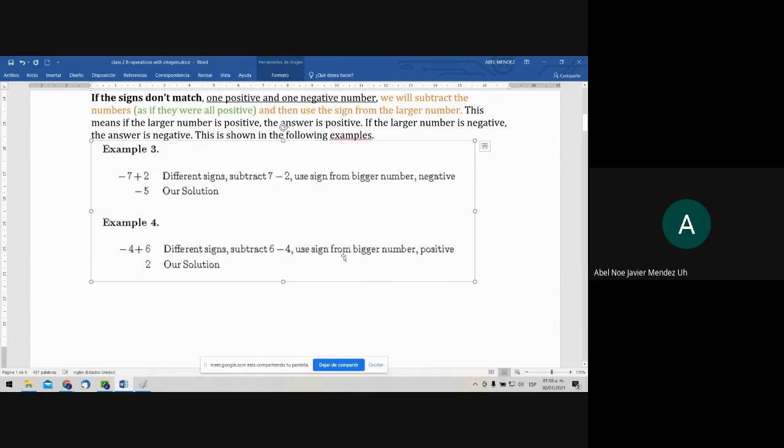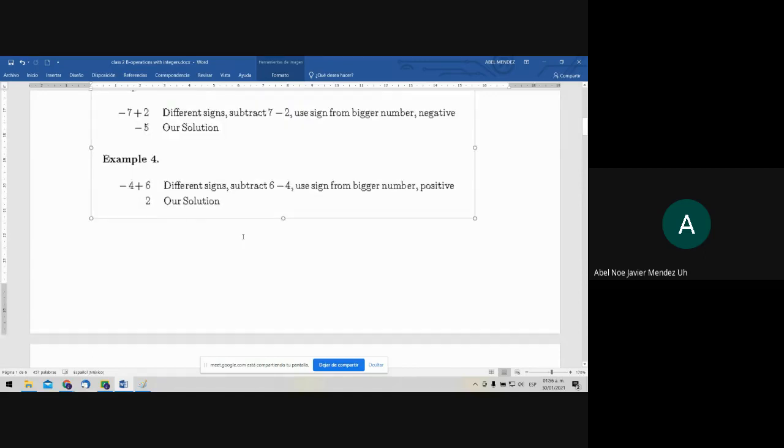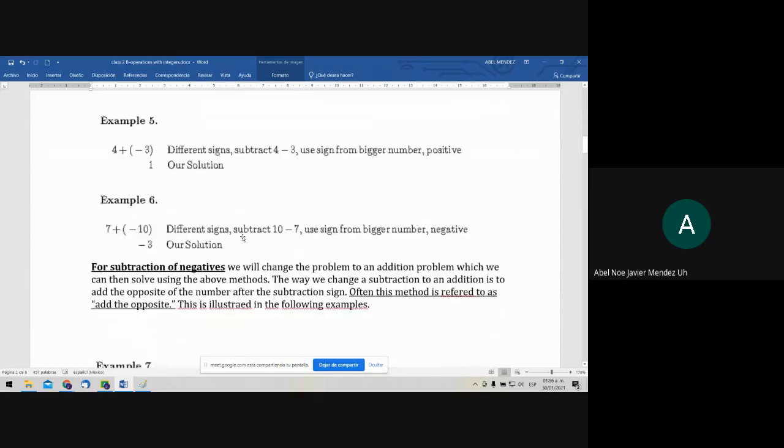We use the sign from the bigger number, positive. In this case, 2 is our solution. 6 minus 4 is 2, and keep the sign of the larger number. This is the rule.